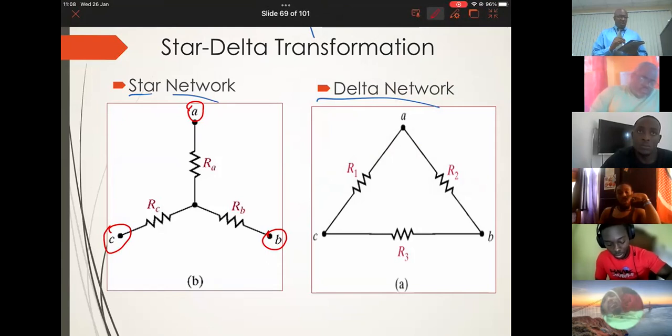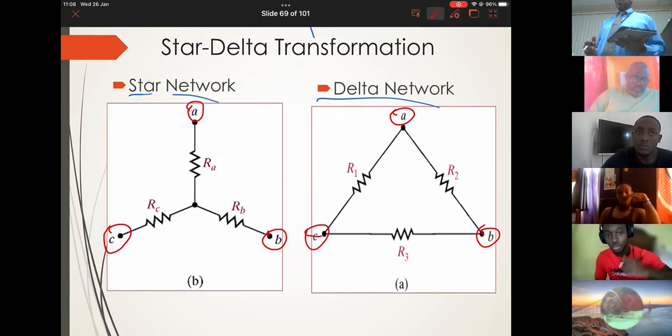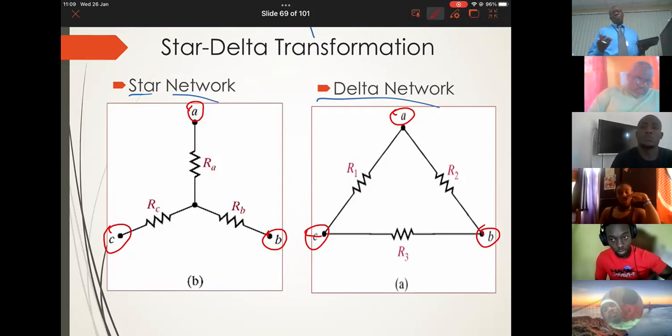And if I'm connecting the delta network, we have A, B, and C. We see that the terminals are at the same place. All right? So we're going to be looking at, what do we mean by equivalent? And simply put, a delta network is equivalent to a star network if it consumes the same amount of power. So we say that a star network is equivalent to a delta network if both networks will consume the same amount of power. All right, nice and simple.